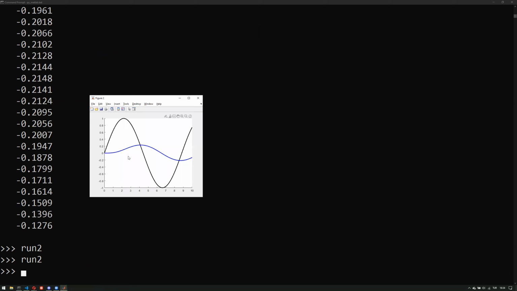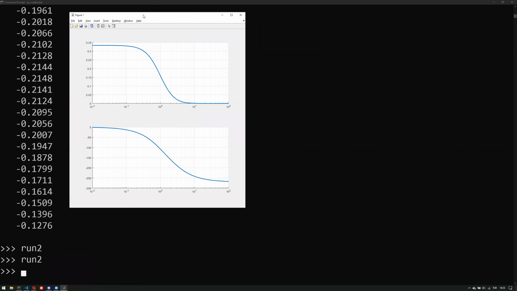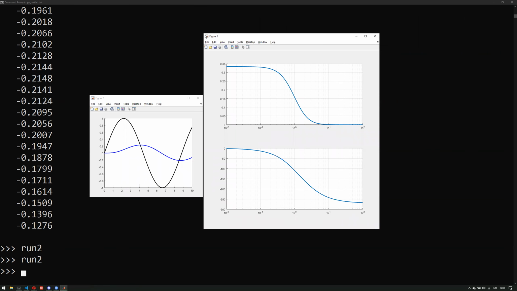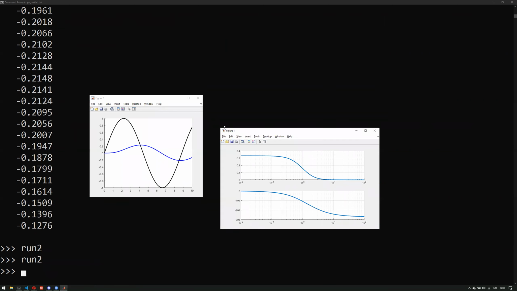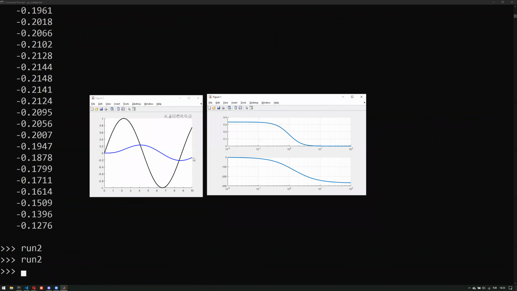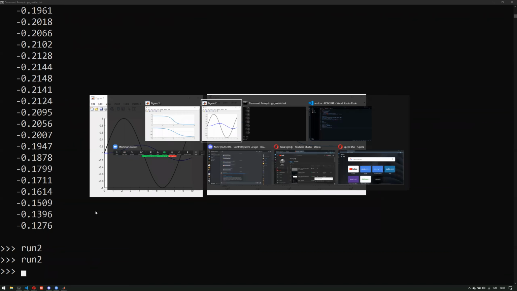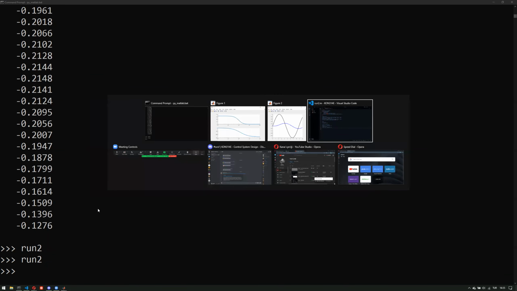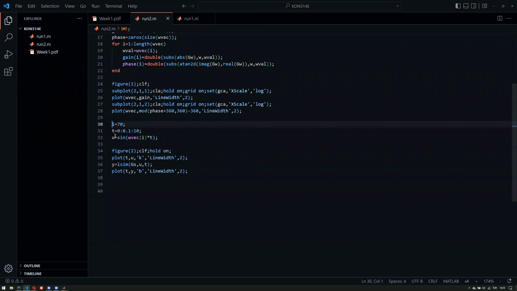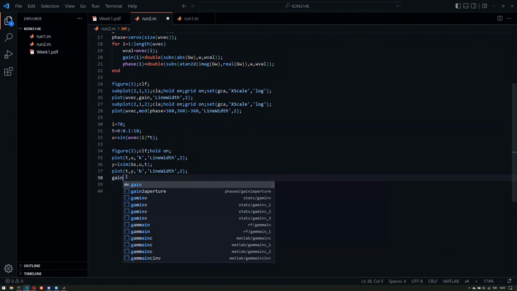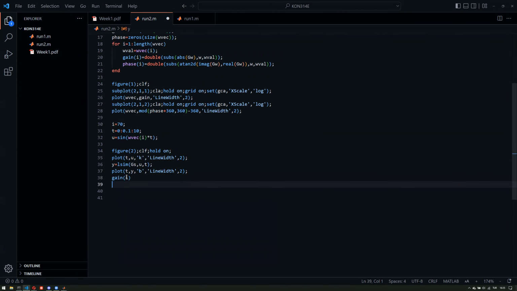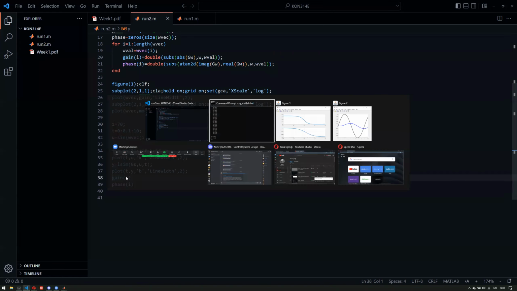So you can see we still have this sine wave here, but now we can look for the gain and phase that correspond to that plot. We have i equals 70, so gain i and phase i should give us an idea.